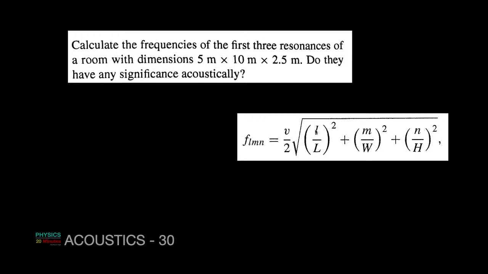So along the length, the frequencies will match. Check along the height what frequencies you would get. Would they be significant? Along the other dimension, 10 meter. 10 meter should have been the length, but nevertheless, along the other dimensions, figure out what your frequencies are.